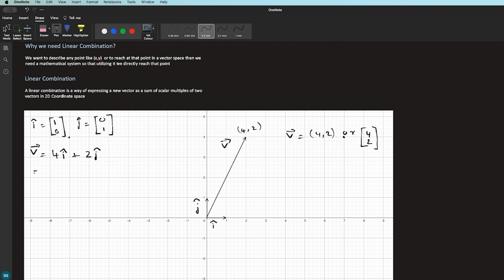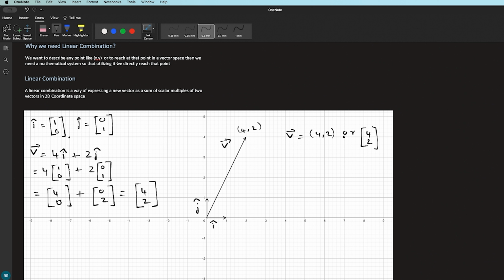I can write it further as 4 times (1, 0) plus 2 times (0, 1), which is nothing but (0, 2) for the second term, and my resulting vector will be (4, 2).